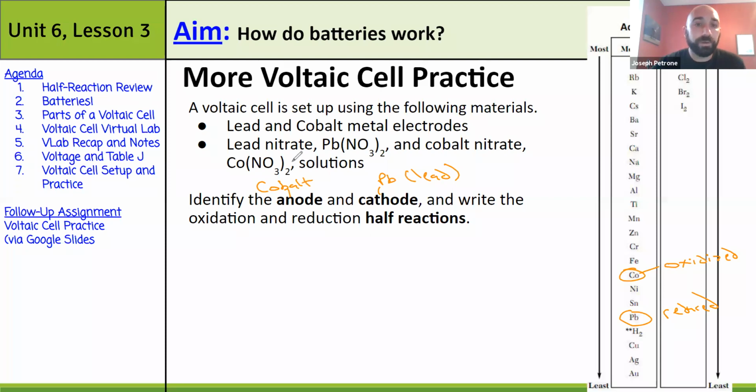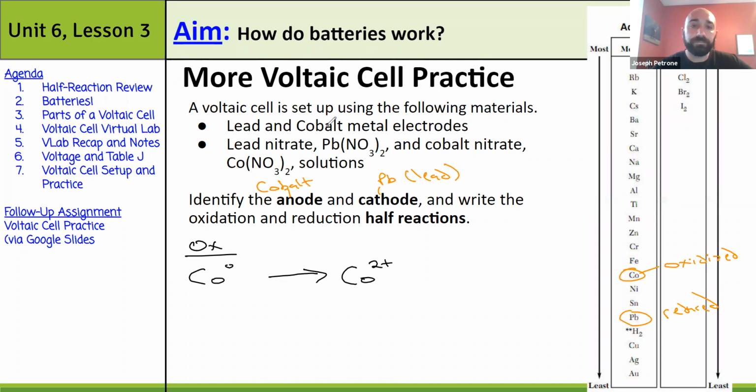So now, cobalt is undergoing oxidation. So cobalt is losing electrons. So for the oxidation half reaction, we're going to start with Co with a 0 charge. So cobalt here is the electrode that is being oxidized, and it is going to turn into the cobalt ion, Co2+.